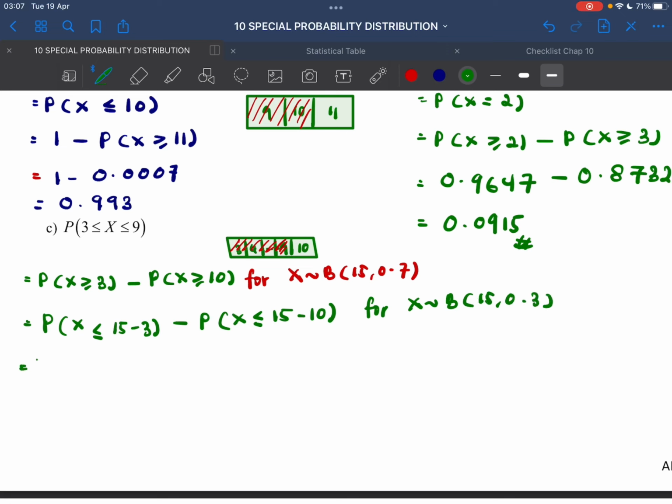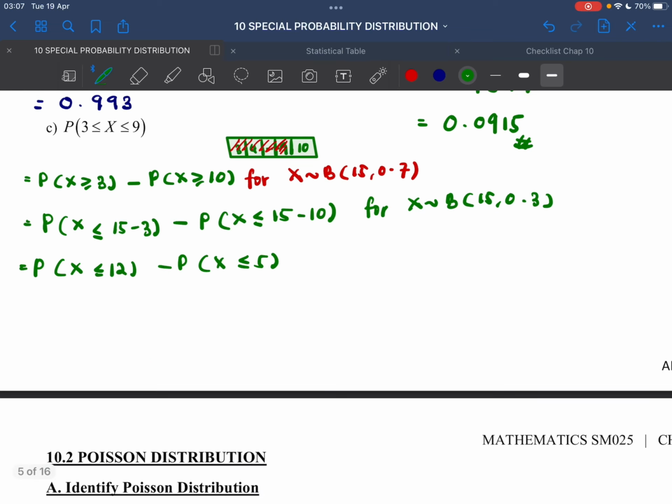So kat sini kita ada jawapan Px less than equals to 12 minus Px less than equals to 5. Okay, so less than mesti kena tukar jadi greater than. So here we have 1 minus Px greater and equals to 13 minus 1 minus Px greater and equals to 6.